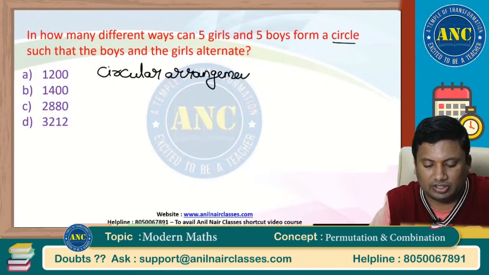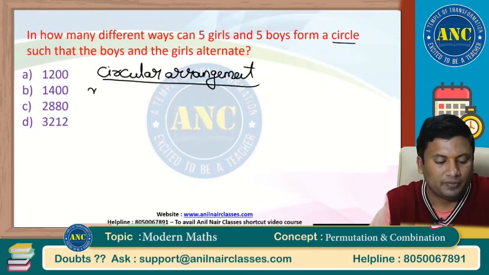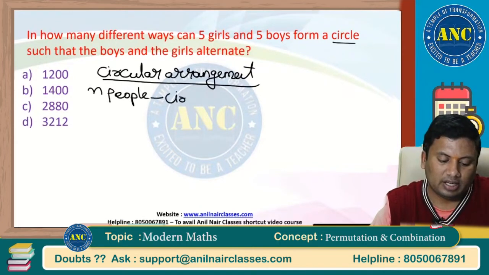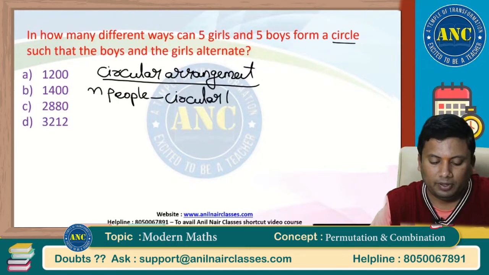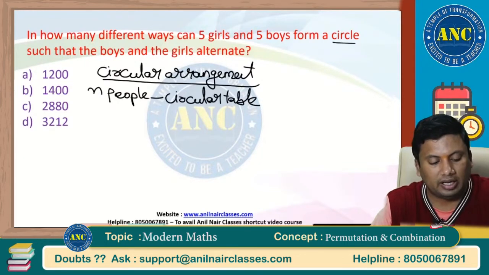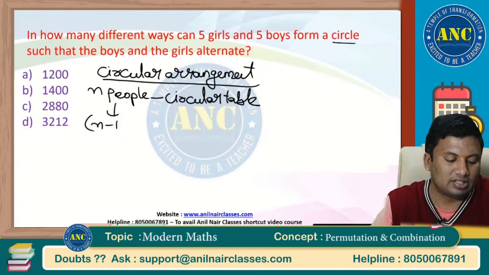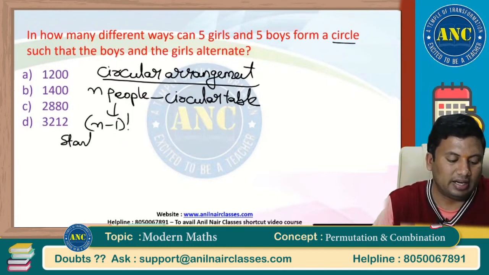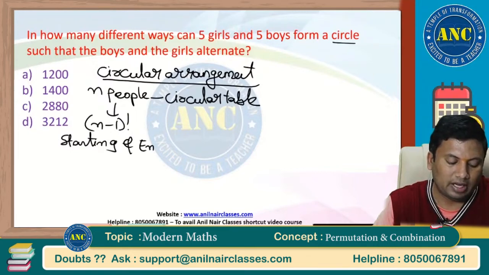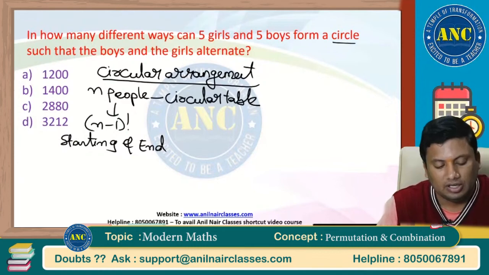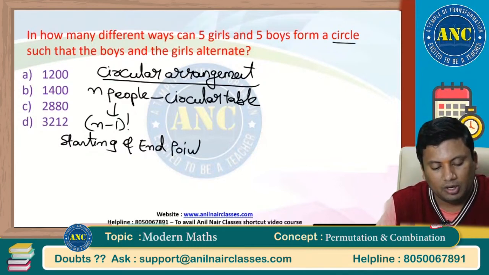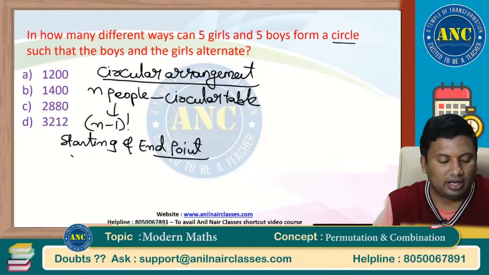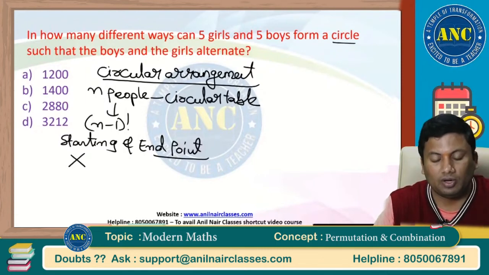Most of the teachers give an explanation that if n people are seated around a circular table, the answer is n minus 1 factorial. Why? Because starting and ending are same. This is not the right way to make a student understand the concept. Now listen carefully, sir.